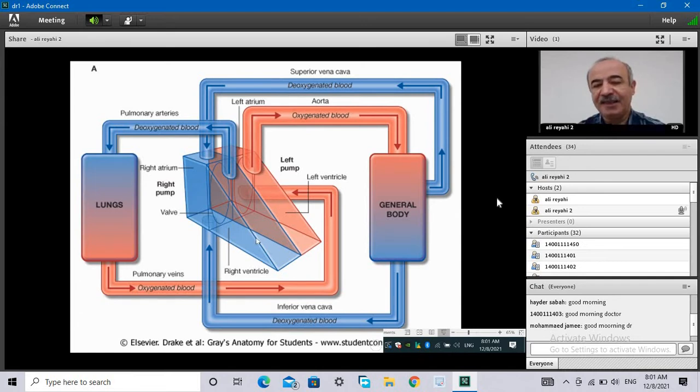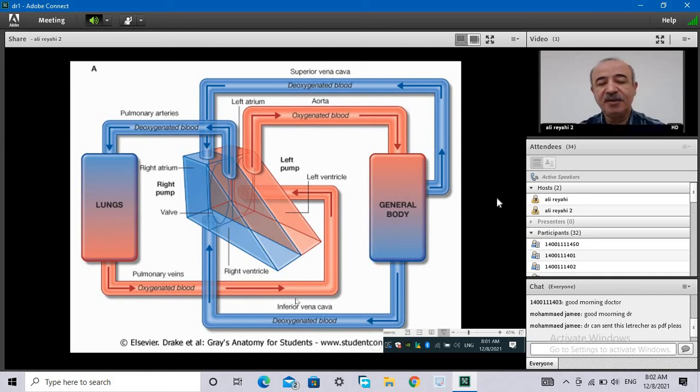Then by the contraction of the right ventricle, deoxygenated blood reaches the lung to exchange gases and receive oxygen.